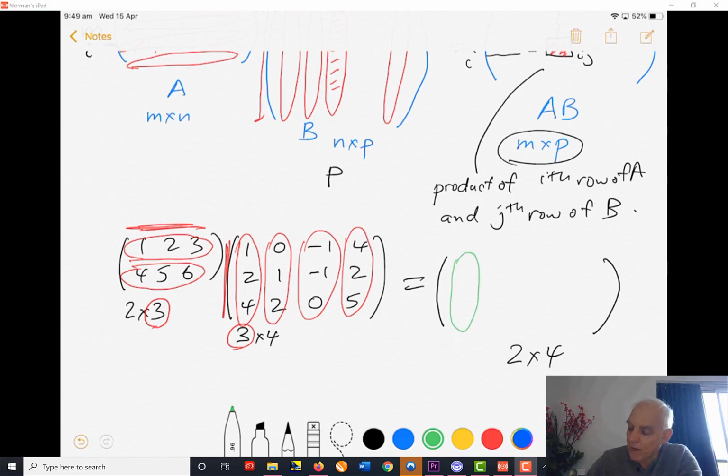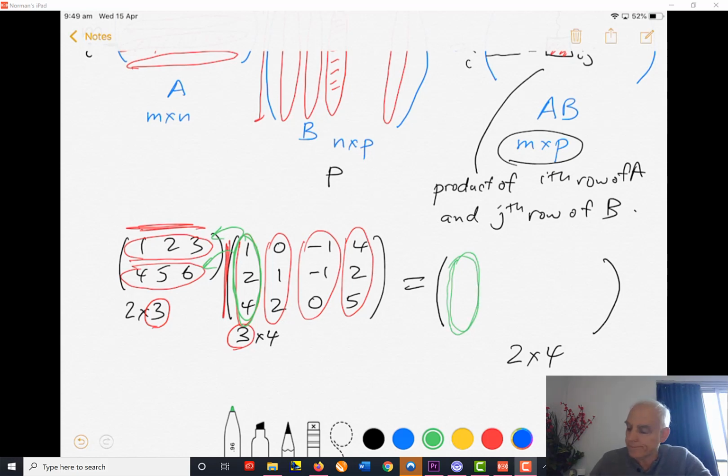Okay, so there's going to be 2 entries that we're going to compute. And what that amounts to is starting with this first column of B, and multiplying it by each of the rows of A. The results of those 2 products will end up in this column in the product.